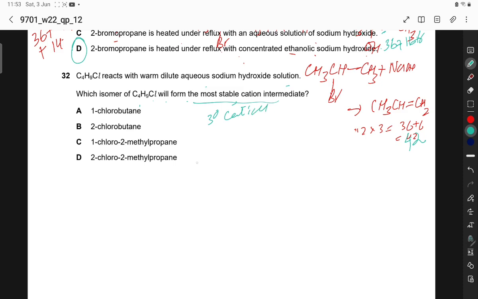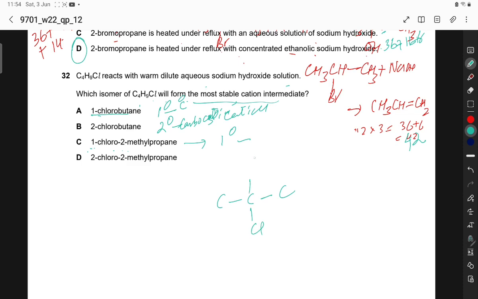So 1-chlorobutane is primary. The carbocation formed in 2-chlorobutane is a secondary carbocation. In 1-chloro-2-methylpropane, again because the chlorine is going to leave, a primary carbocation is formed.